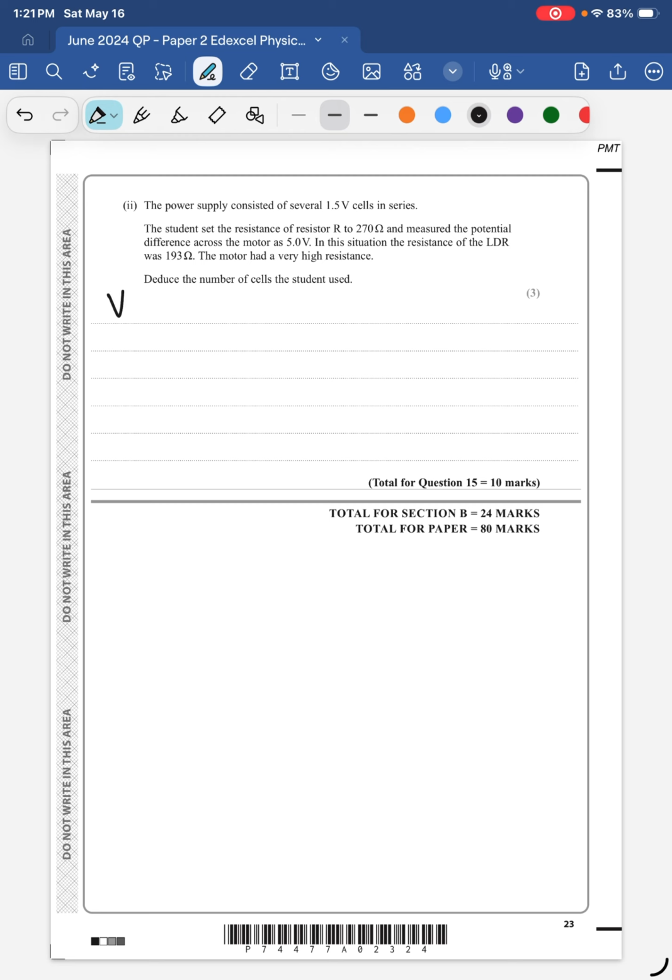Okay, so the potential difference across the motor is equal to the resistance of the LDR over R of LDR plus R times V. Okay, so 5 volts is the potential difference across the LDR, and then we have 193 over 463 times the voltage of the cells.